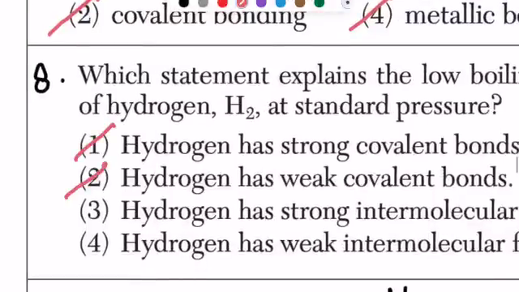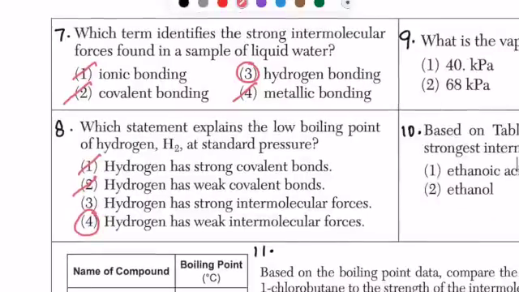So we don't need to look at the bonds in general, because boiling point is mostly impacted by the intermolecular forces. So if something has a low boiling point, that means the intermolecular forces are weak. So let's make a note of that as well. Low boiling point means low intermolecular forces, because that means it is very easy to break those intermolecular forces and change the phase.